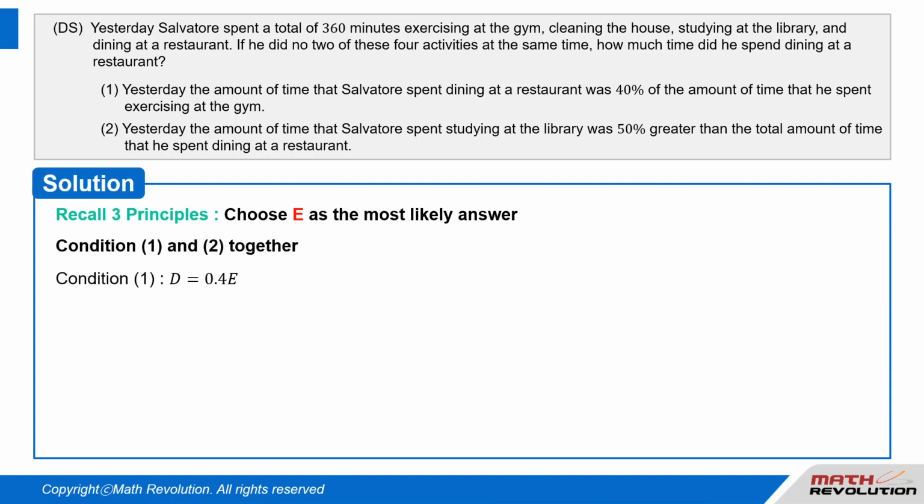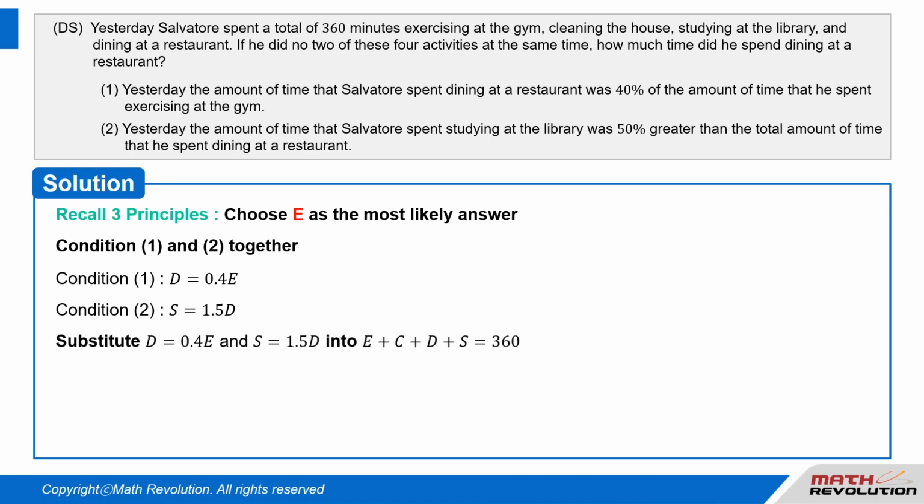Let's take a look at both conditions together. Condition 1 tells us that D equals 0.4 times E. Condition 2 tells us that S equals 1.5 times D. If we substitute D equals 0.4 times E and S equals 1.5 times D into E plus C plus D plus S equals 360, we get E plus C plus 0.4 times E plus 1.5 times (0.4 times E) equals 360.